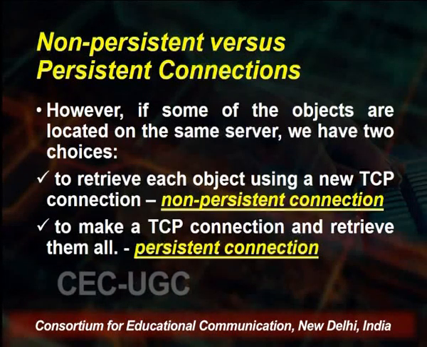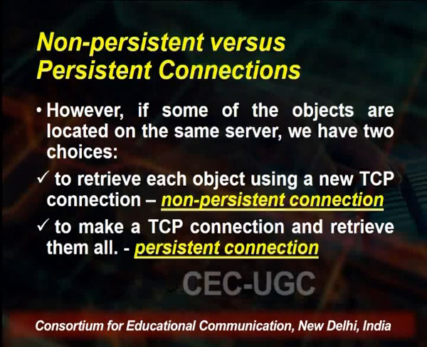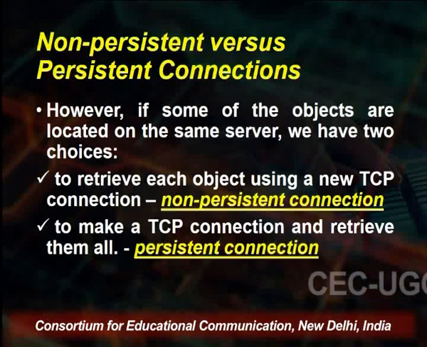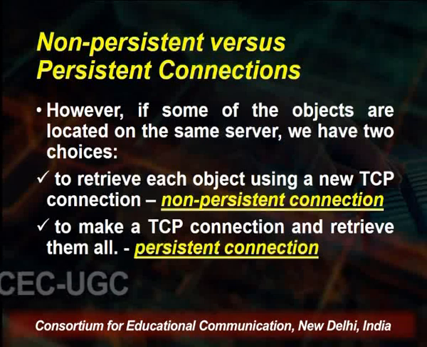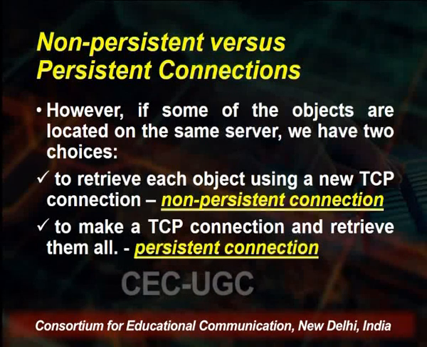The point is, when you have multiple objects to be retrieved from the same server, then you have two choices. You can either go for a non-persistent connection, which means that for retrieving each object you will use a new TCP connection.